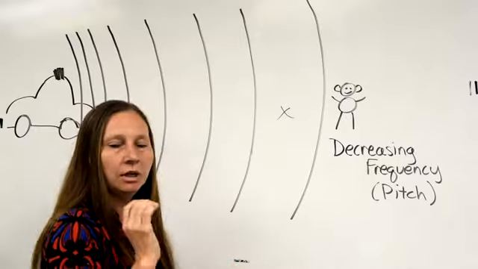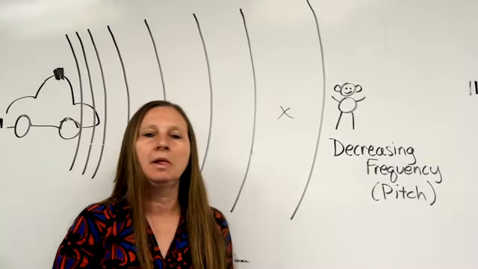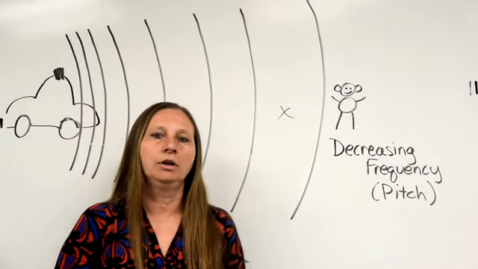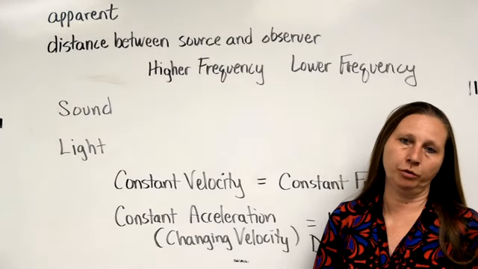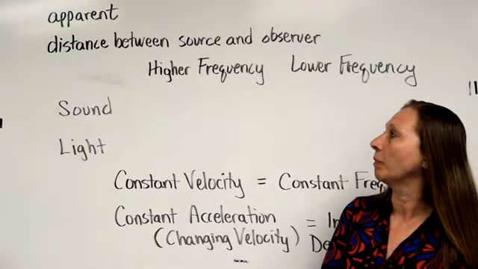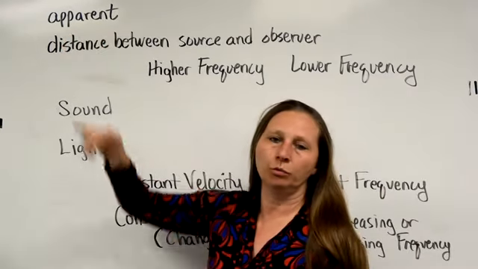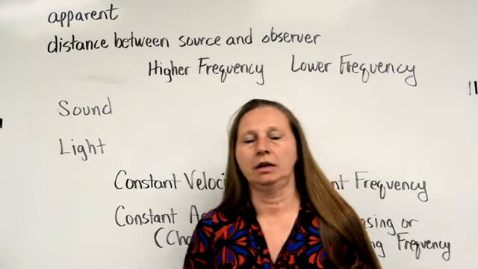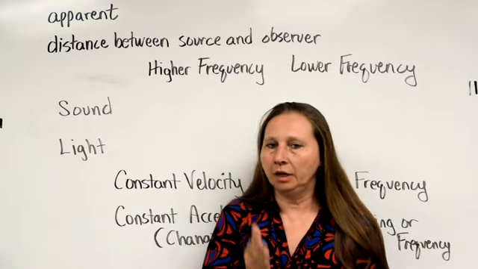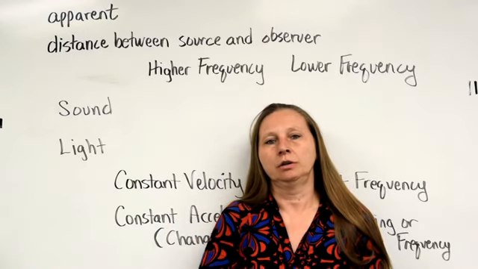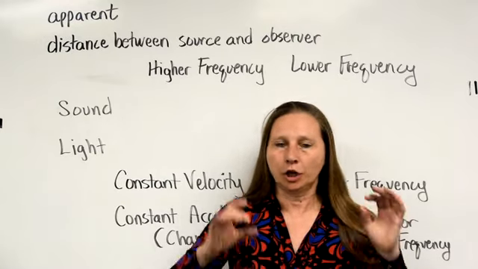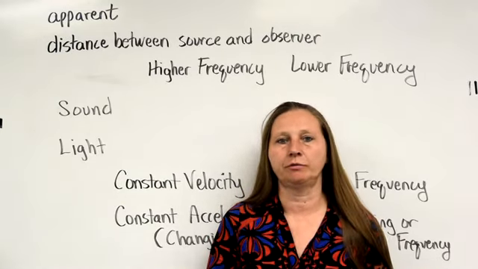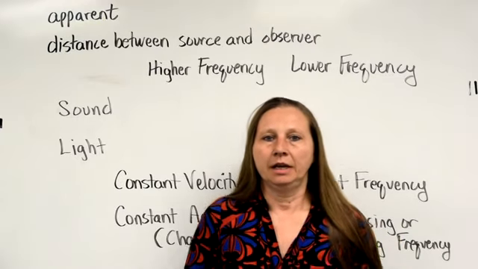Now, I'll do a little summary in a chart form of everything that we've talked about with Doppler effect. All right, so just a couple of important points about some of the things that we talked about. First of all, again, the word apparent. The pitch that comes from the police siren is not changing. The color that the star gives off is not changing.